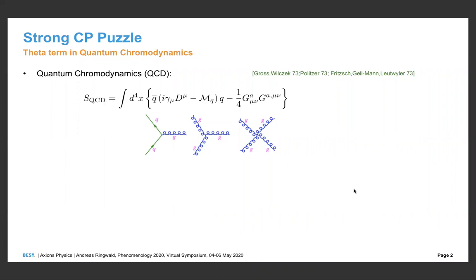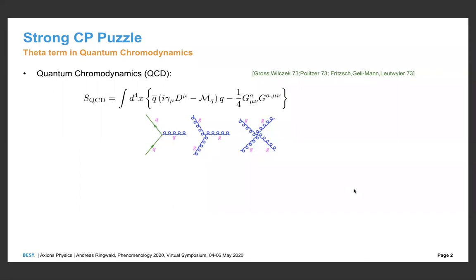In the early 70s, quantum chromodynamics, as the non-abelian gauge theory describing the strong interactions, in its original formulation had in its action the gauge covariant kinetic term for the quarks and the gauge covariant kinetic term for the gluons, and these two terms both contain all the interactions which have been successfully tested at colliders and which are the basis of the description of strong interactions in collider physics.